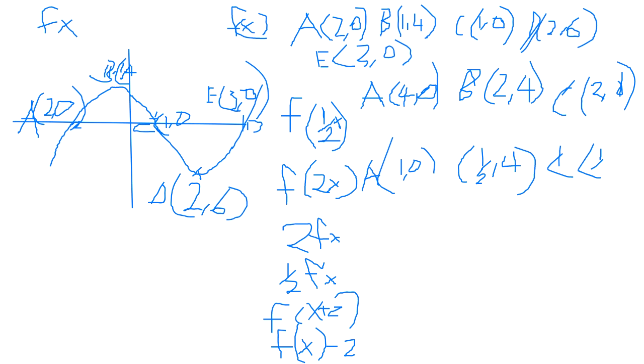Then if I multiply 2 by f of x, this time you don't divide, but you multiply the y. Have you seen that? So in effect, my point A will still remain 2, 0. Nothing will change because 0 times 2 is 0. My point B, which is 1 and 4 originally, will now become 1 and 8.